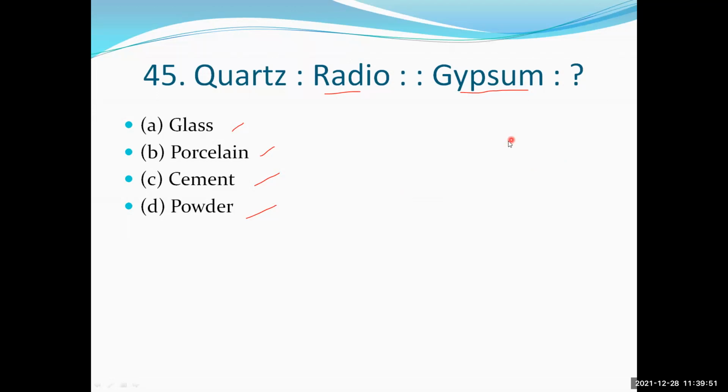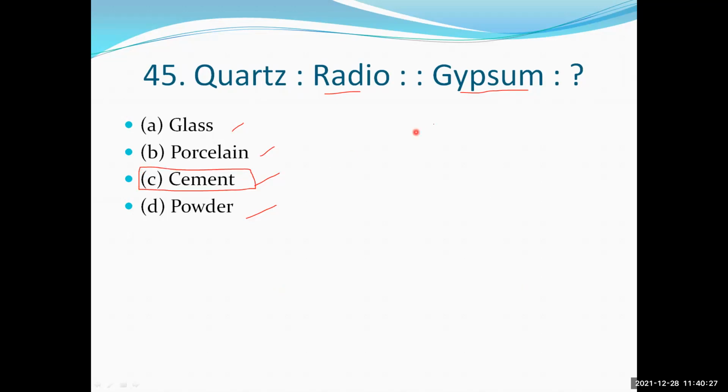Okay, Sanyosh, Suraj, Pranali have answered it. Pragati, Ankita, they all have answered it. Let's try to understand, Ankita, which option can we choose? So here the maximum students go with option C, cement.